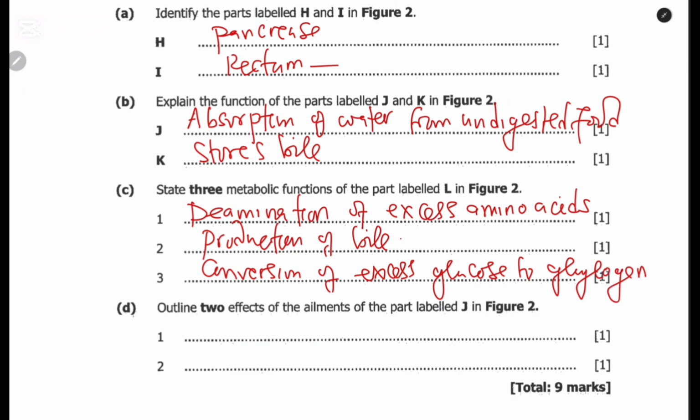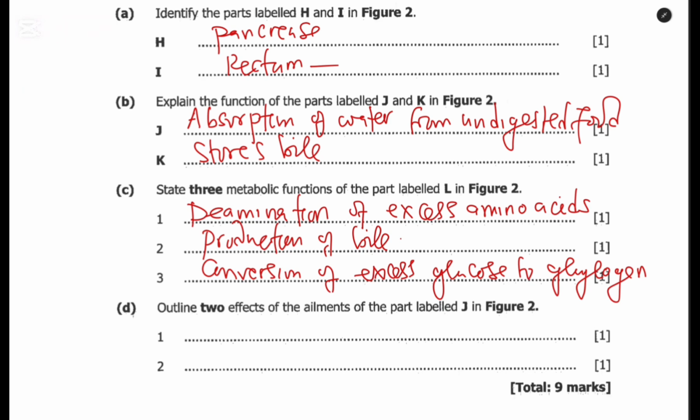Then also conversion of glycogen to glucose. Okay. Then aside from that, we can take of detoxification of poisonous substances. Then also storage of vitamins and ions. That is another function. We can talk of transamination. All those are the function or metabolic function of the liver.